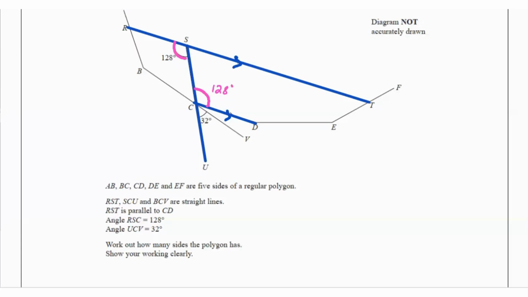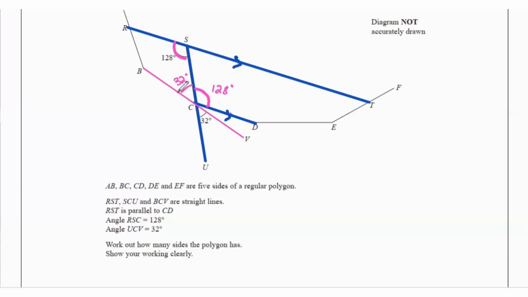Similarly, if we have 2 lines making a cross, that means vertically opposite angles are also equal. So these 2 angles are vertically opposite. So angle BCS will also equal 32.